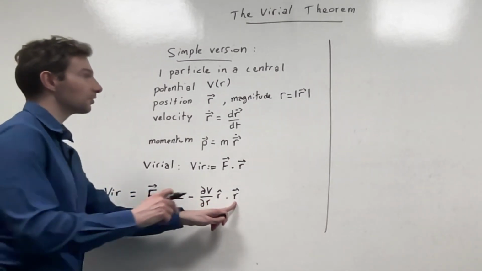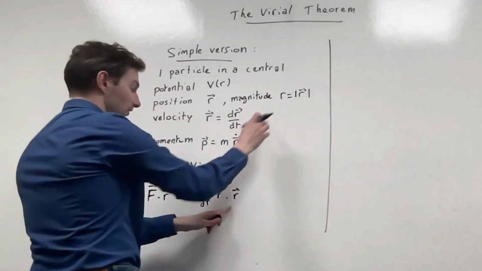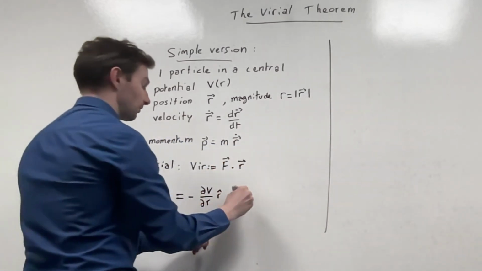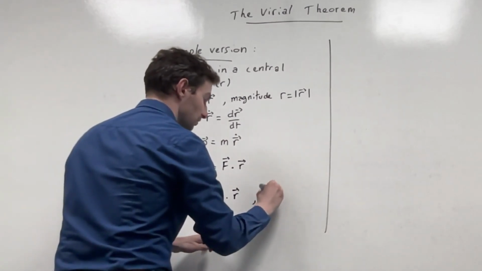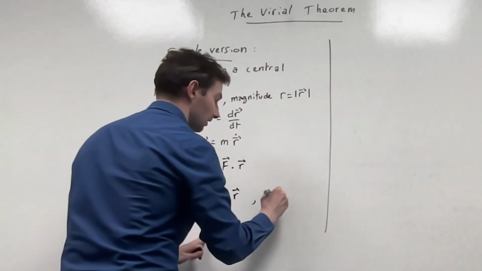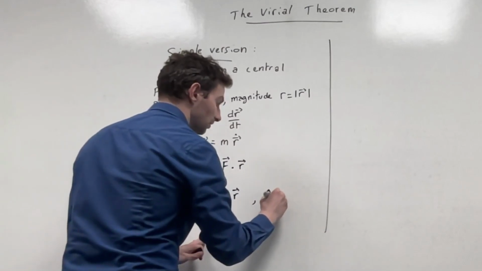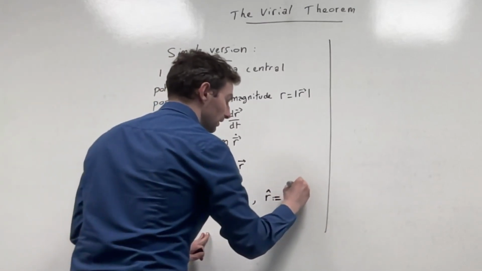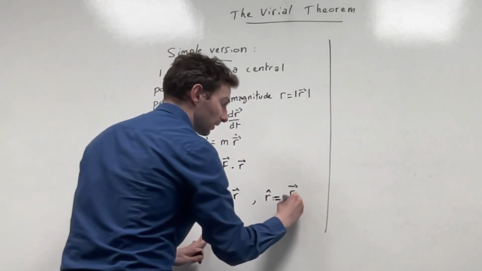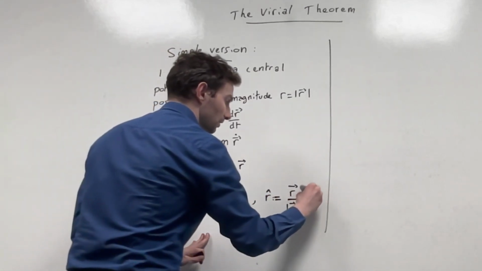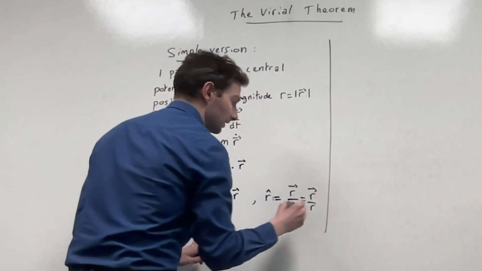Now it turns out that r here can be written as a magnitude times this unit vector. This unit vector r I've defined here is by definition equal to the position vector itself divided by its magnitude, so r divided by its length.